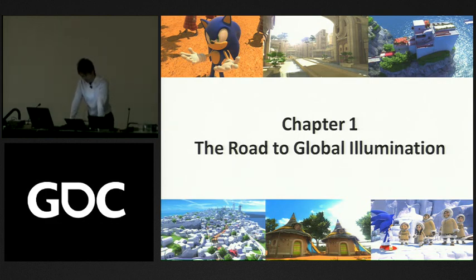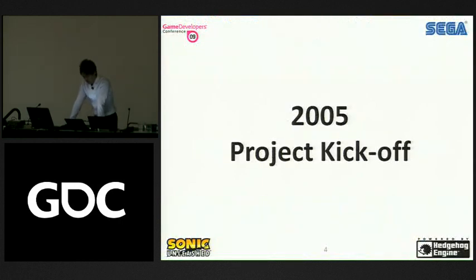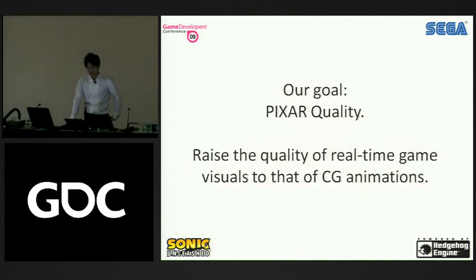I'd like to talk about chapter 1, the road to global illumination. How did we start this project? How did we introduce global illumination? That was 2005. At that time, gameplay and graphics had to reach a higher quality, aiming at 2008.